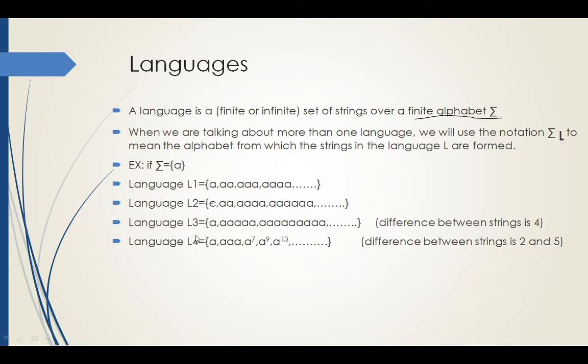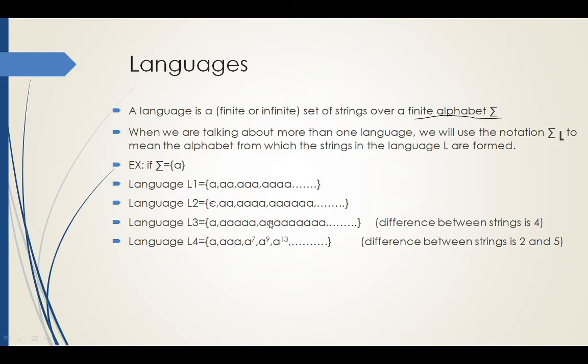The next language, language 3, defines strings where the occurrence of a is of odd length. Here a occurs one time, then 5 times, 7 times, 9 times, and so on.